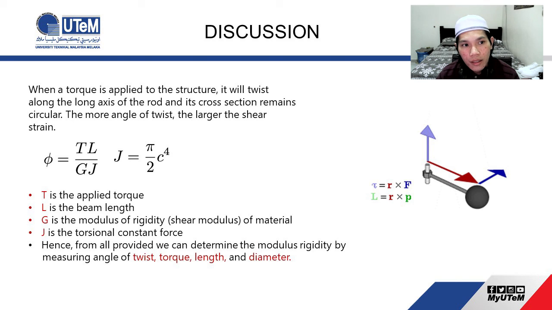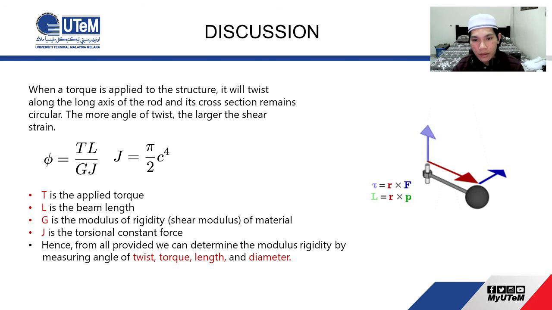Second is the big difference between axial loaded structures and torque loaded ones: the shear strain is not uniform along the cross section. It is zero at the center of the twisted rod. Finally, the longer the rod, the smaller the shear strain.